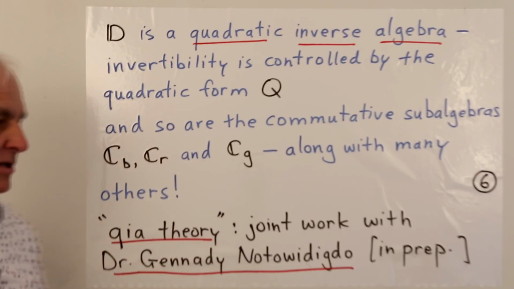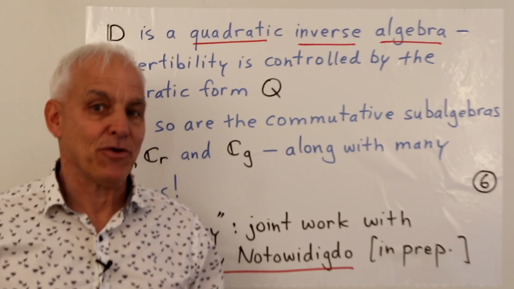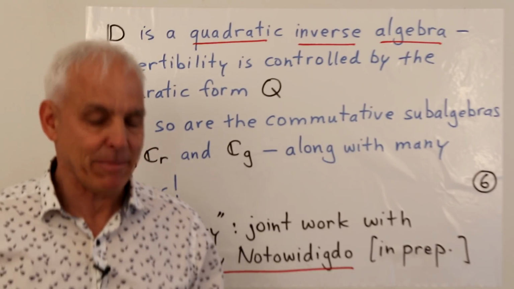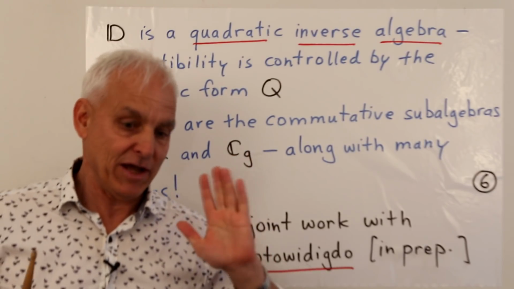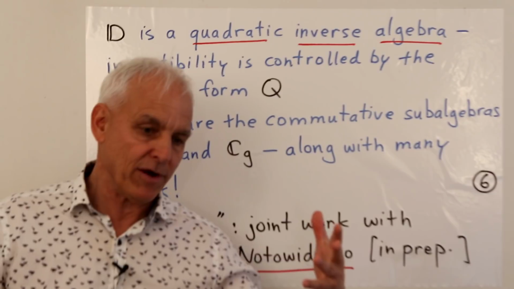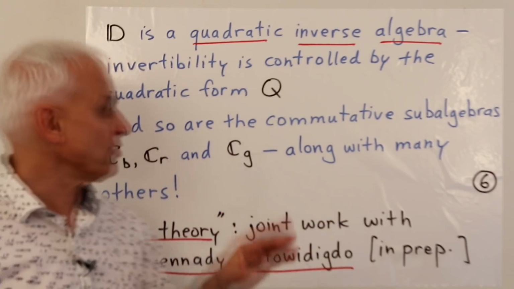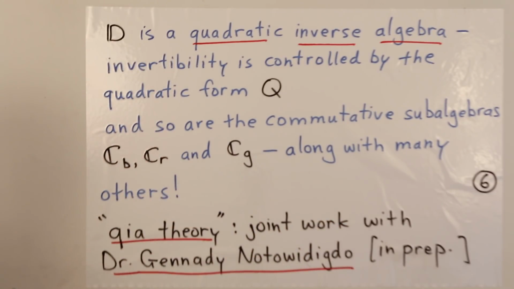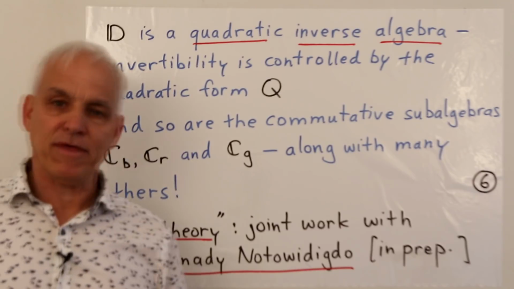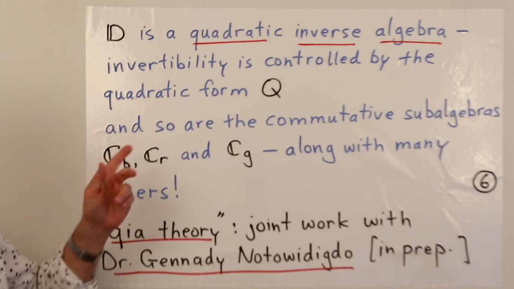But we'll see later on that there are actually also other subalgebras that are very interesting in this dihedron story. So this is actually a broader picture, not just restricted to these three kinds of complex numbers. So we are led to think about something we might call QIA theory. QIA standing for quadratic inverse algebra.